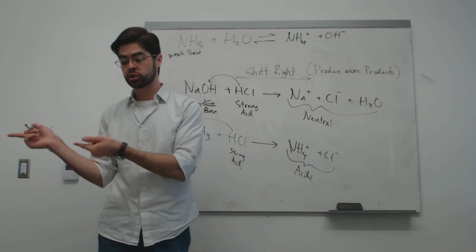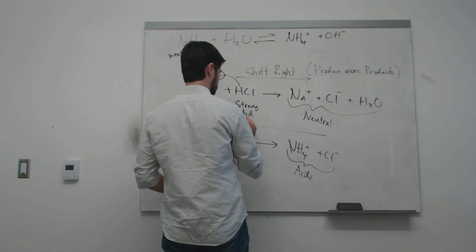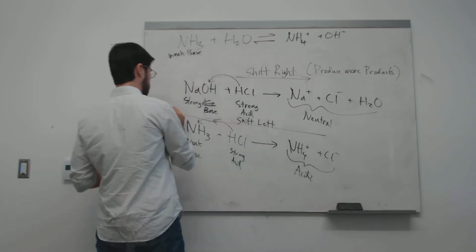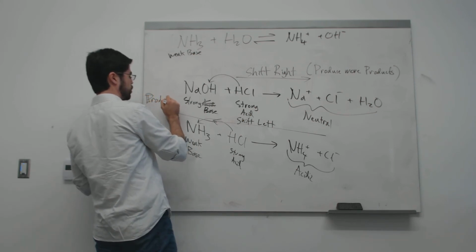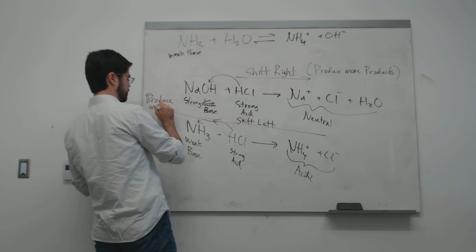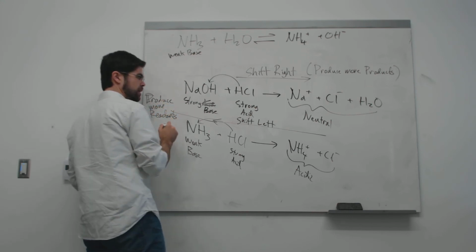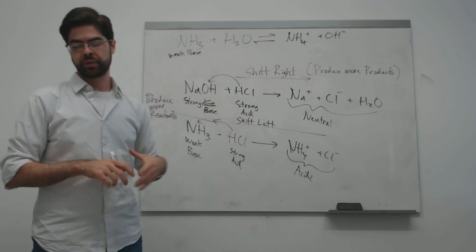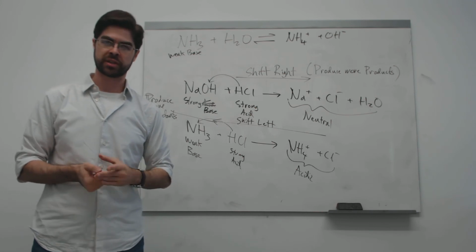Conversely, if it shifted to the left, that would mean that you produce more reactants. You end up with a higher concentration of sodium hydroxide and HCl. Again, not an equilibrium reaction, I'm just using it as an example.